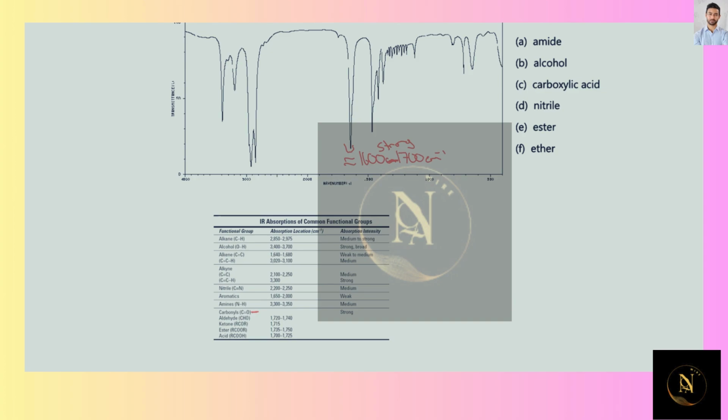In this case, this carbonyl group, we still don't know what it corresponds to, so the possibilities that we have are going to be either an ester, carboxylic acid, or an amide.